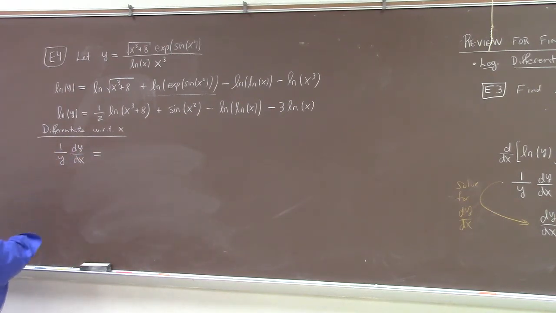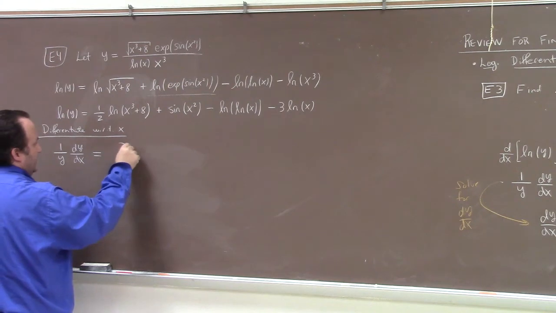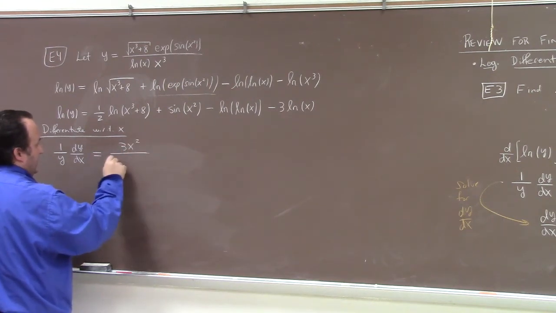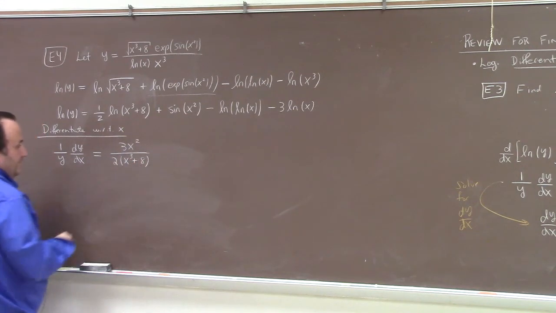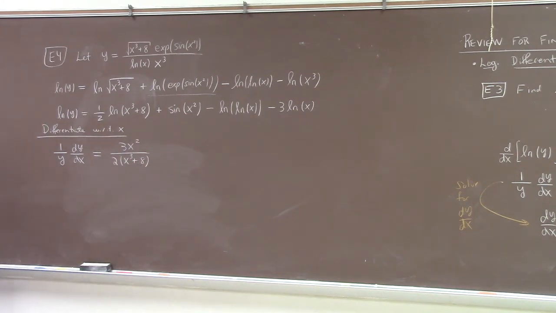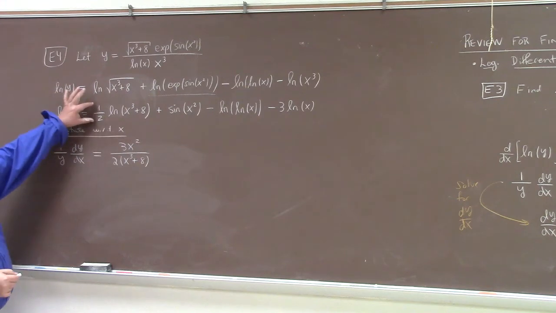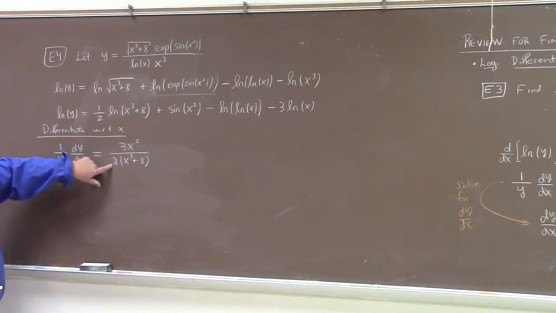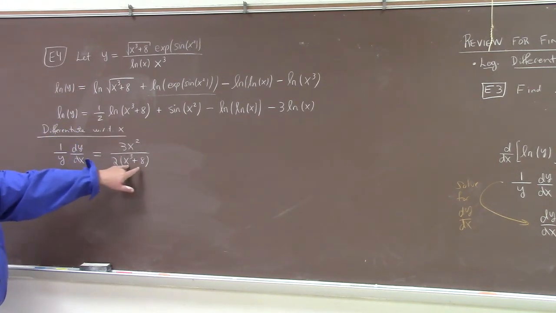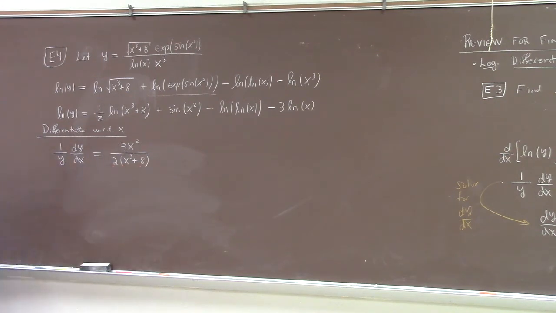And this one, so I get 3x squared divided by twice x cubed plus 8. That's the derivative of the first term. So I kept the half out just down there. 3x squared is the derivative of that. So I'm always using the chain rule, d dx of the natural log of u is du dx divided by u, right?